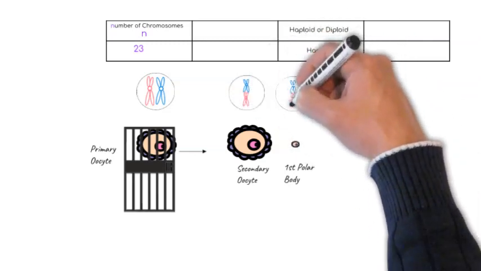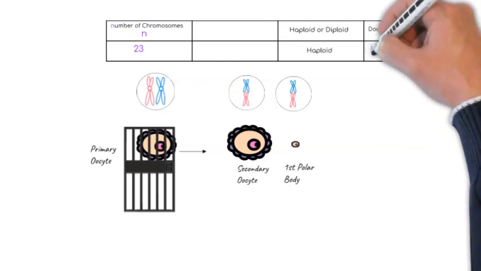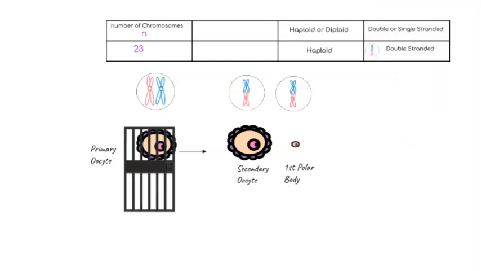Single-stranded, right? They're still double-stranded. So there are 46 of these double-stranded replicated DNA in the cell when it's a primary oocyte. That's where it arrests.